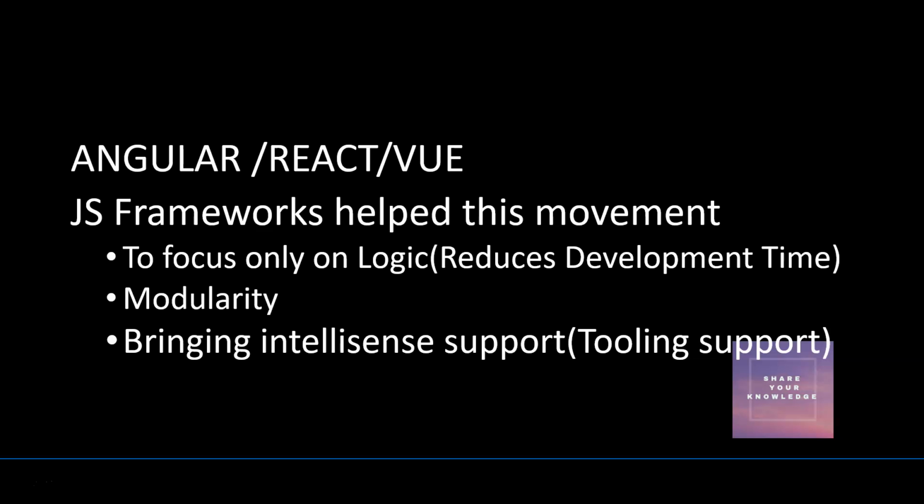In all the three frameworks, you will see that the development time is tremendously reduced because through these frameworks, you need not do that DOM interaction. What we used to do, right? document.getElementById to interact with the DOM, invoke, use the DOM and place the values there. That was not needed in all these frameworks.